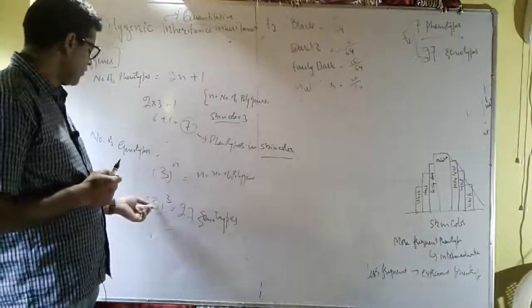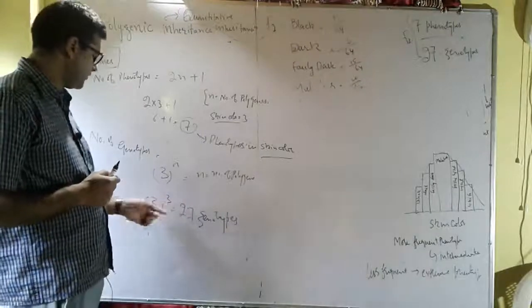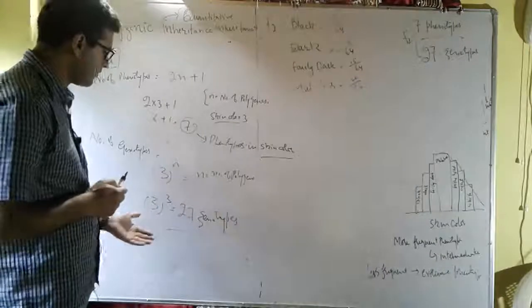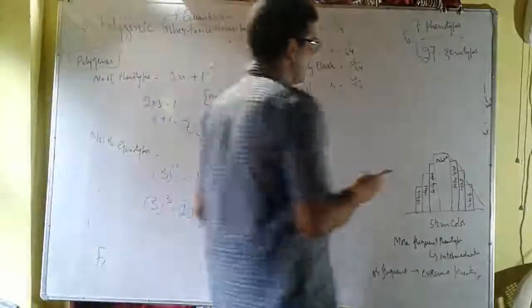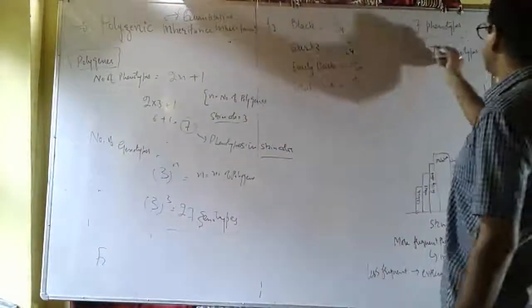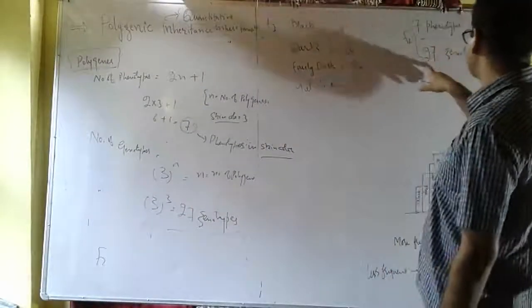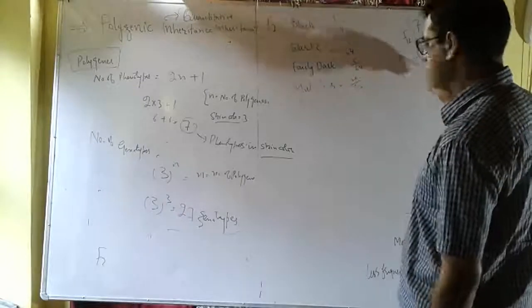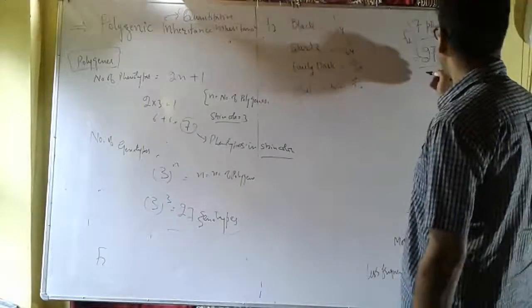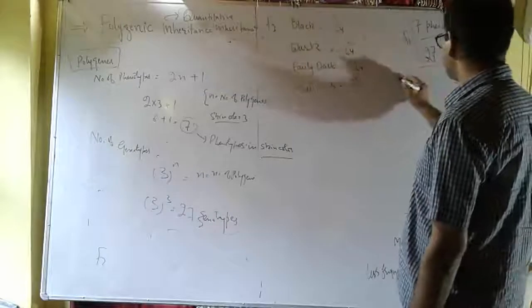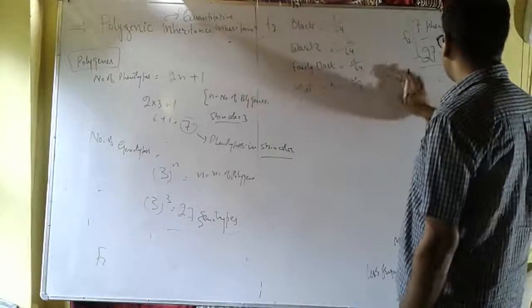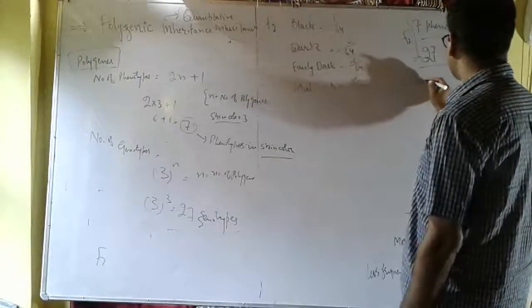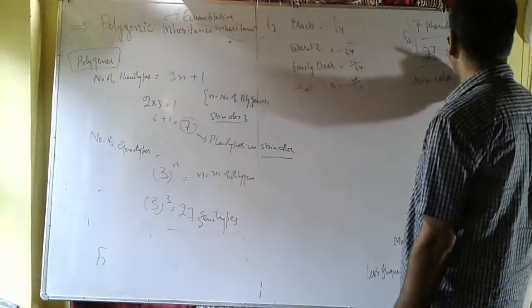In humans, skin color involves 3 polygenes. So 2 times 3 plus 1 means 7 phenotypes in skin color inheritance. The number of genotypes is given by 3 raised to the power n, so 3 raised to the power 3 gives 27 genotypes. Sorry, I first wrote 64 here, but it is 7 phenotypes and 27 genotypes in case of skin color in humans.